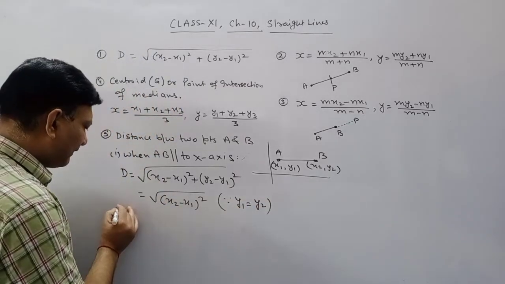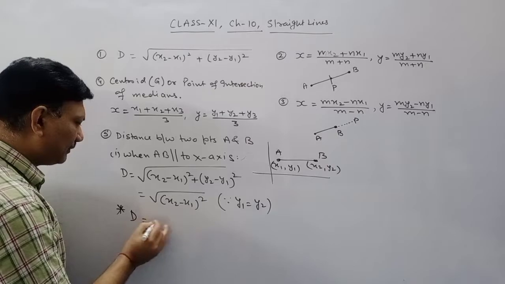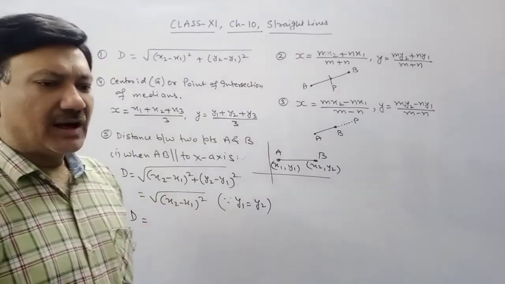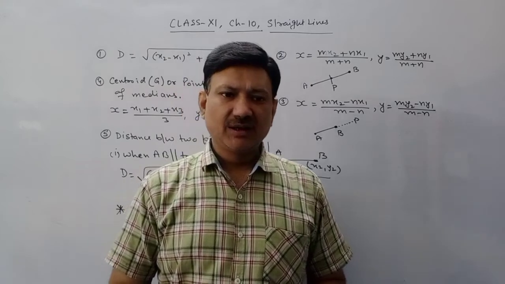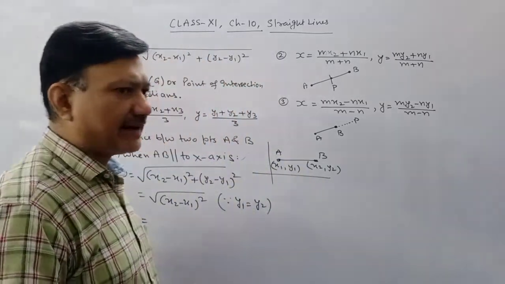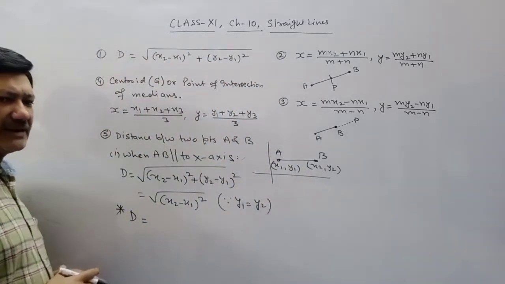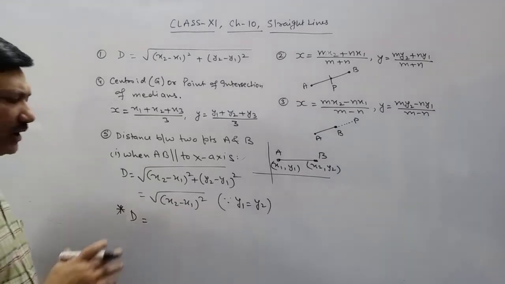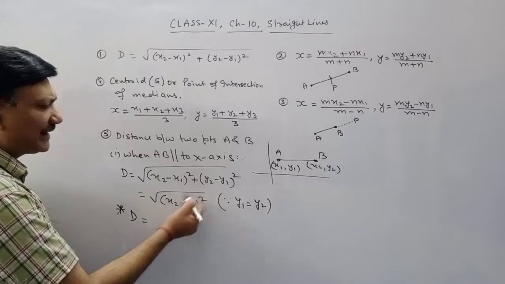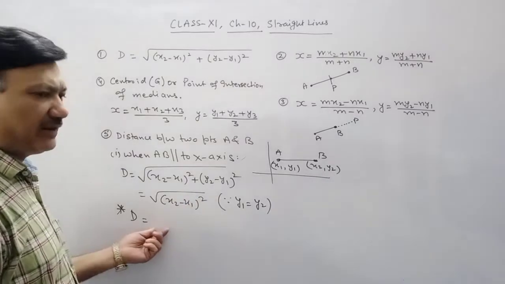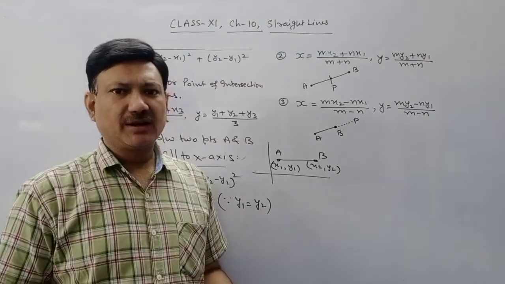And now this is the very important term for this. Earlier you have studied square and root get cancelled. That concept is not exactly true. The thing is, if you will cancel square and the root, it will become x2 minus x1.